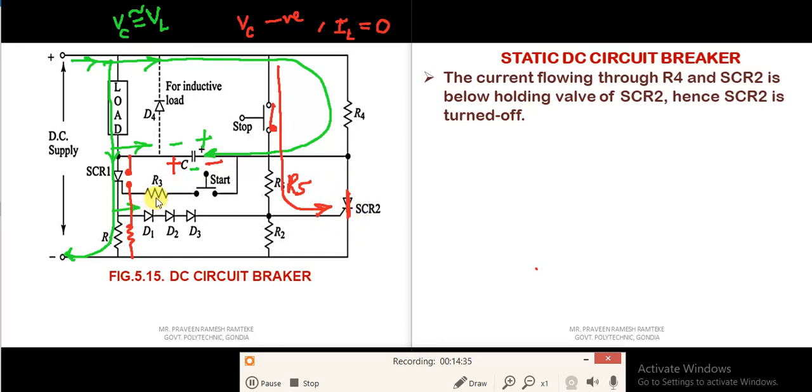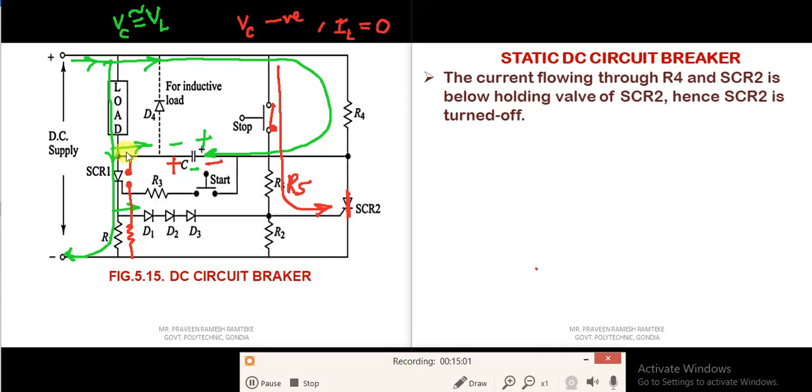So here we have to notice one thing, that the SCR1 was off because the capacitor's negative voltage was applied across the anode. So the capacitor's negative voltage was reverse biasing the SCR1 and hence it was turned off.